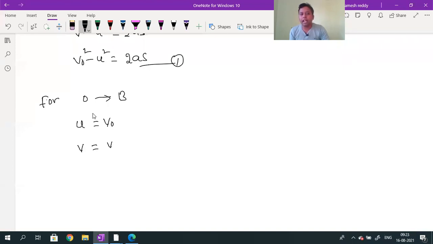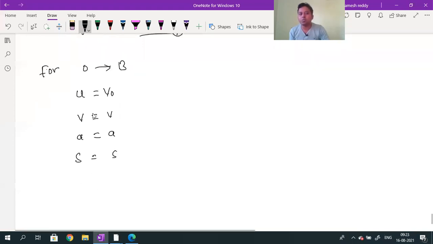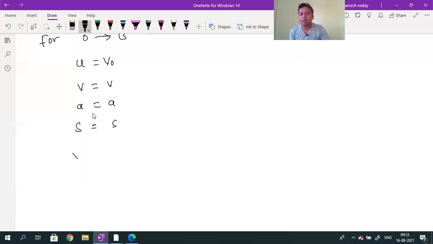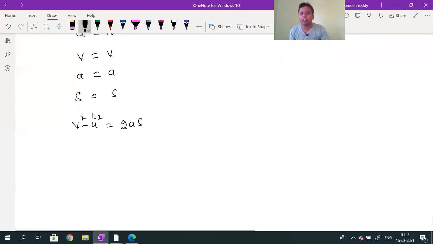The acceleration will be A only, and the distance traveled will be S only. Substituting all these values in the formula V square minus U square is equal to 2AS, we get V bar square minus V naught square is equal to 2 into A into S. Can I call this equation 2?